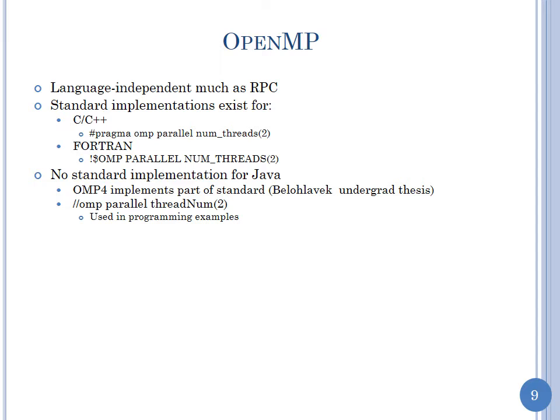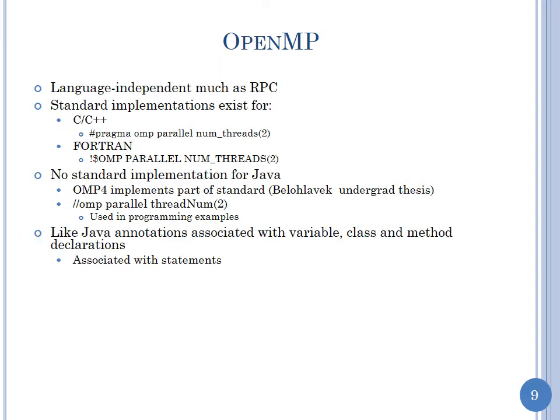but it's pretty good. The idea is, if you've seen Java annotations like @Override and other annotations, you'll be seeing more annotations in your next assignment 4. It's decorating some piece of code. Annotations decorate classes and methods. This can decorate any statement or statement block.